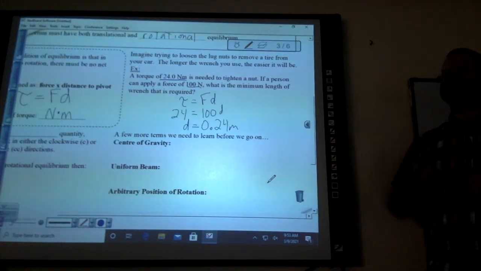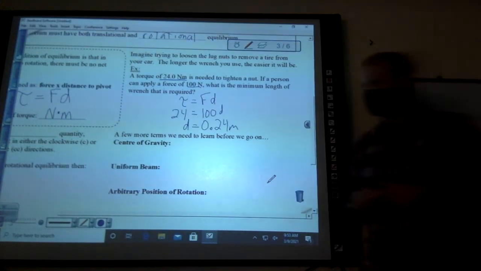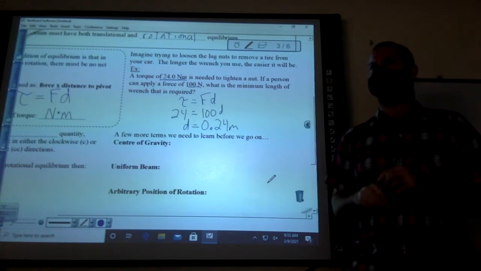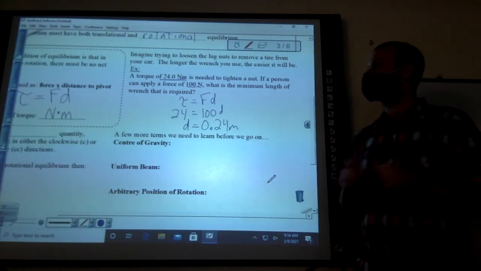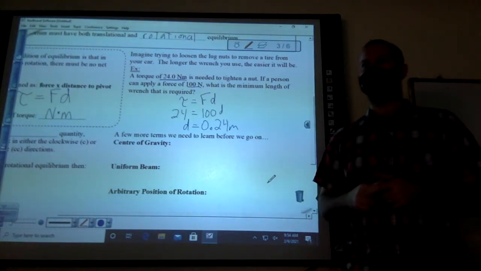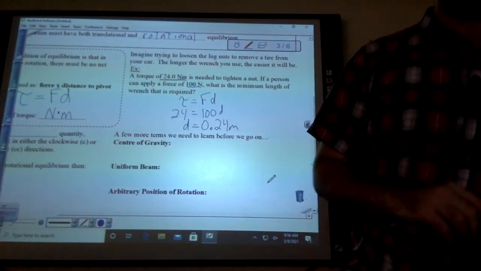Time doesn't have a factor with torque. How long would I have to apply 100 newtons of force for something? Then you'd have to talk about how many degrees you want to rotate it, and we're going to get into circular motion later. But it's kind of on the right track.